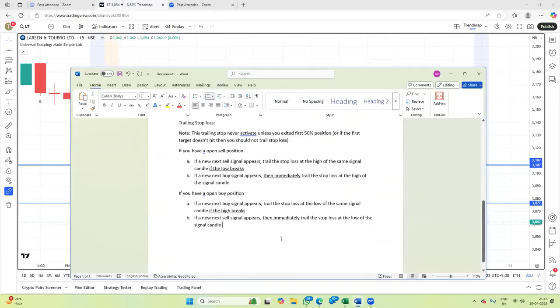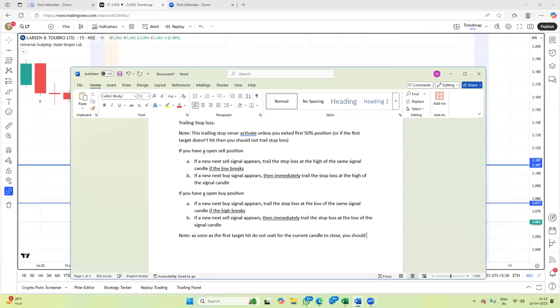Because it's a scalping type of strategy, we don't want any profit to go out of our hands. As soon as the first target is hit, do not wait for the current candle to close.